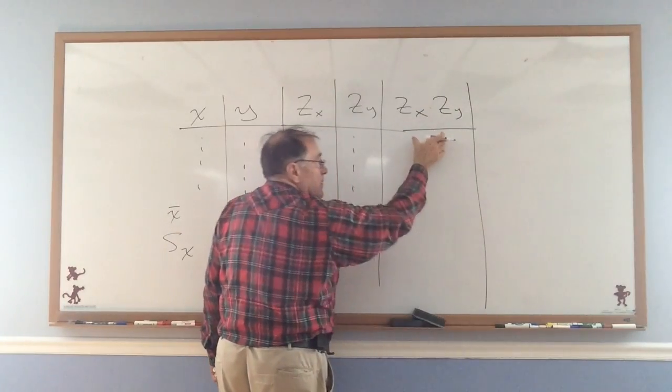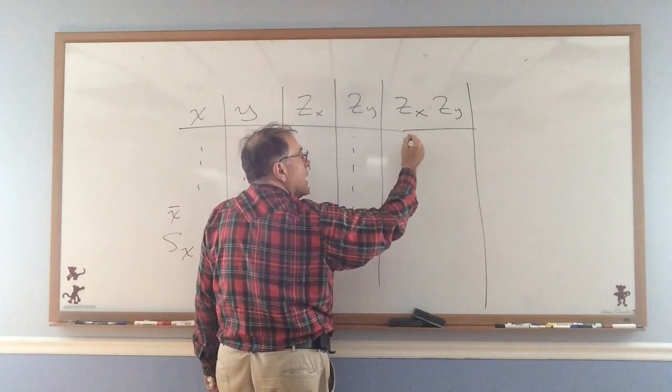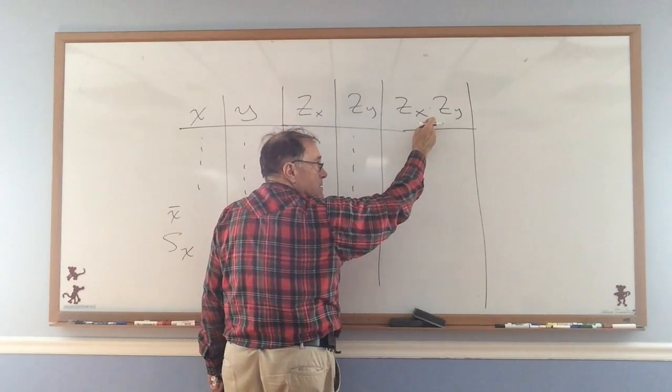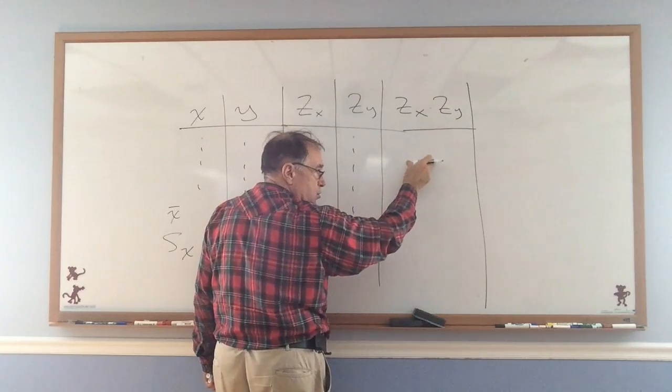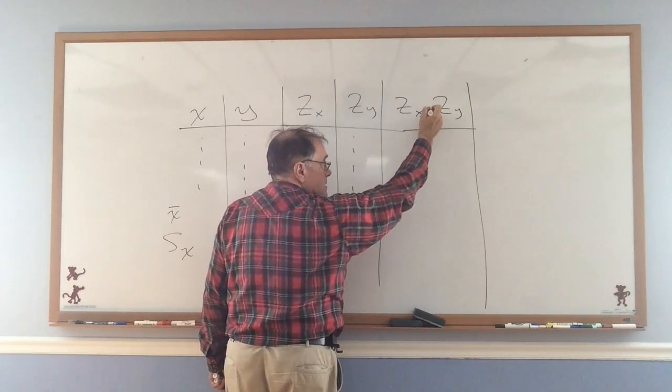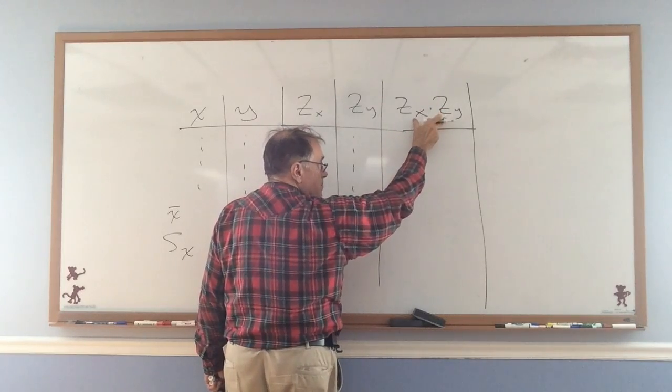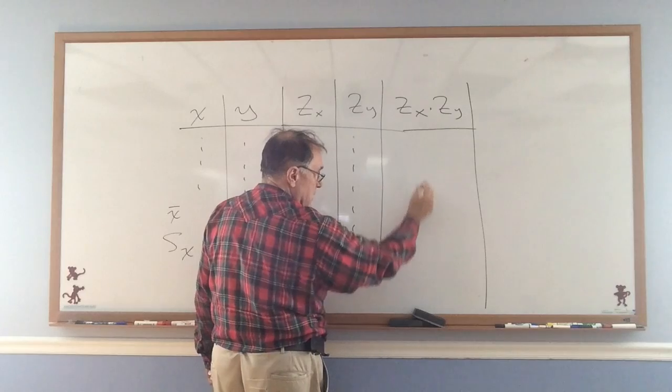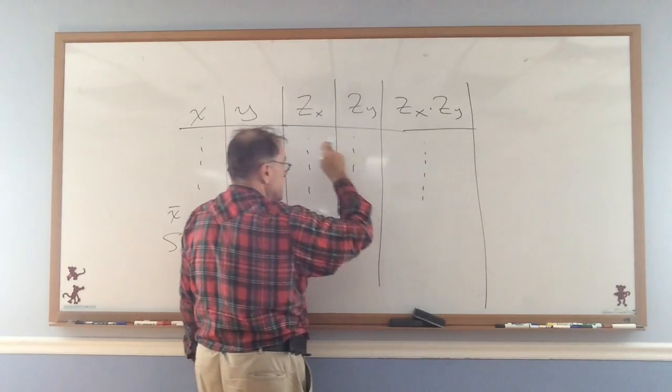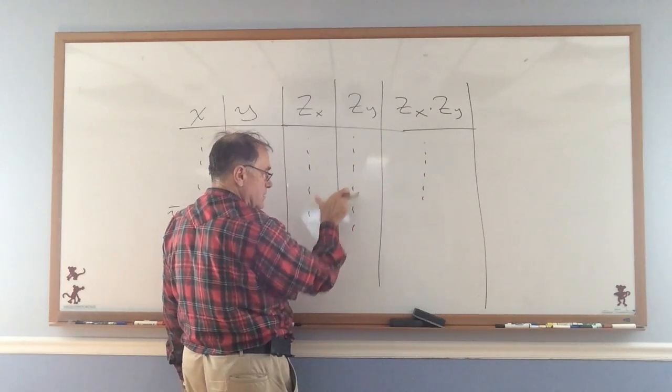So this column will be a column of the products of the paired z-scores.